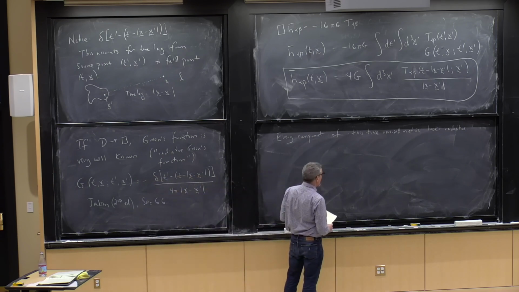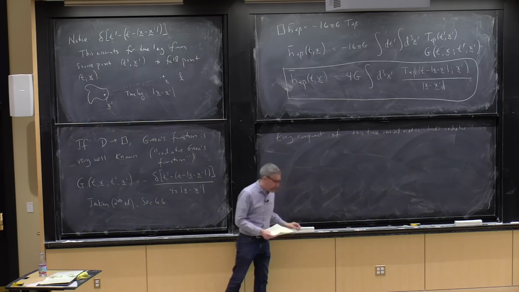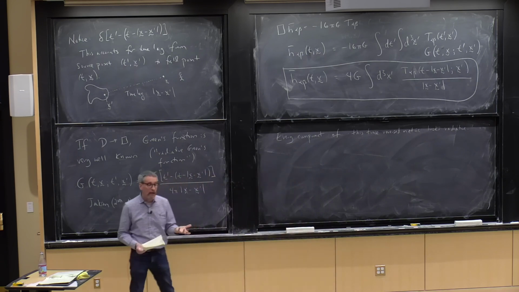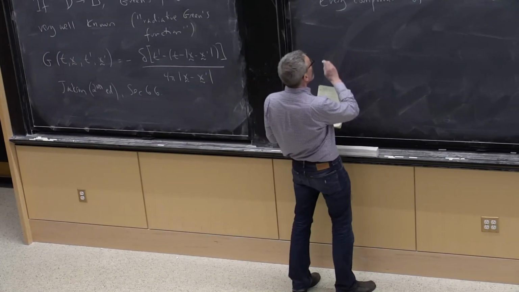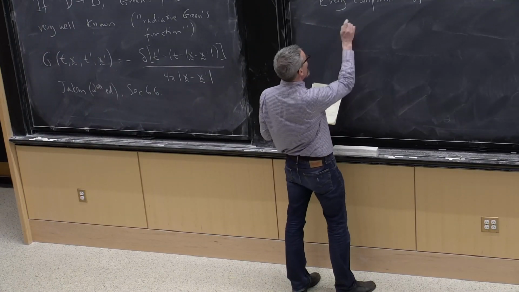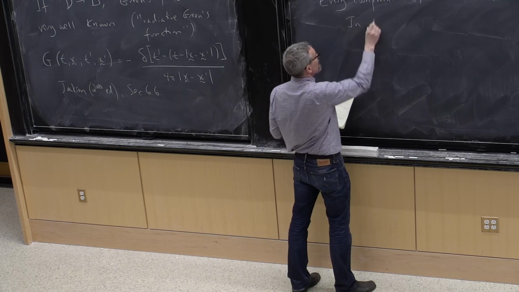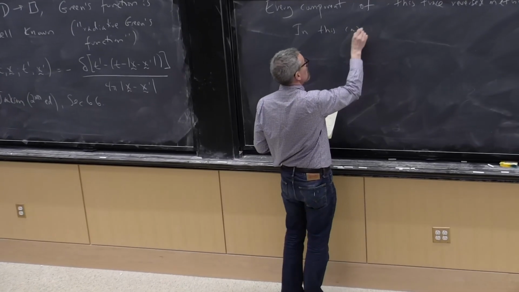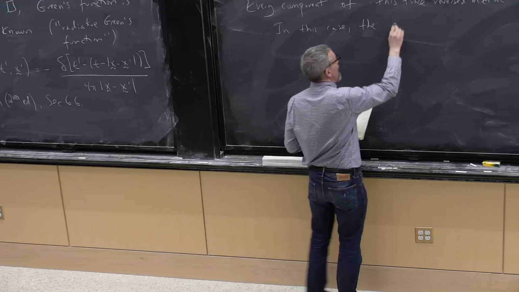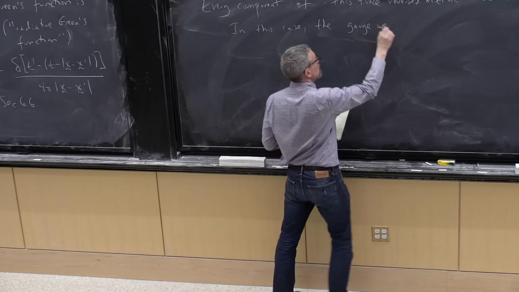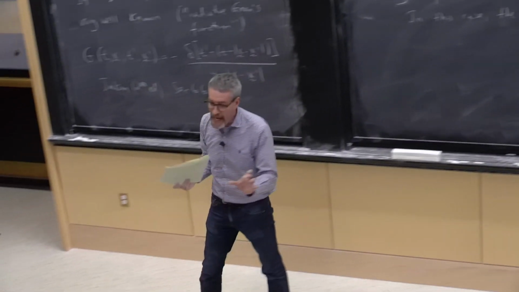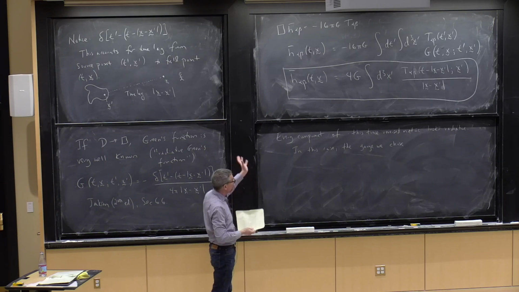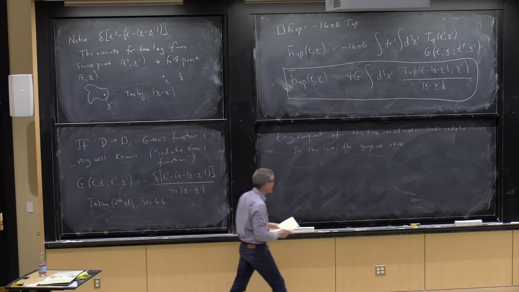We need to be careful about that, because here is where we need to revisit and think carefully about what happens when we choose our gauge. What I'm going to show you is a little demonstration that in this case, the gauge we chose, and let me emphasize, that was a wonderful gauge for putting the horribly messy field equation into a form where we could actually solve it.